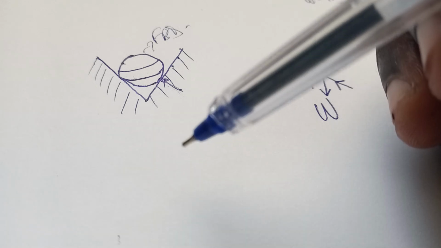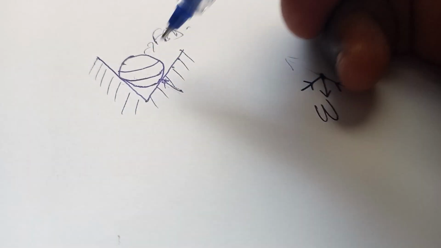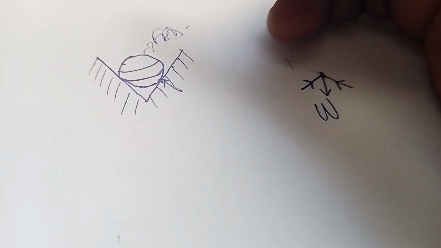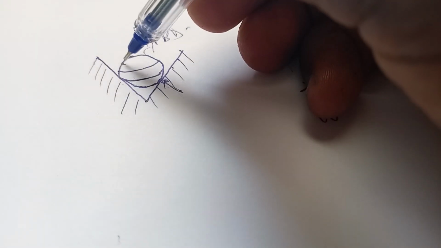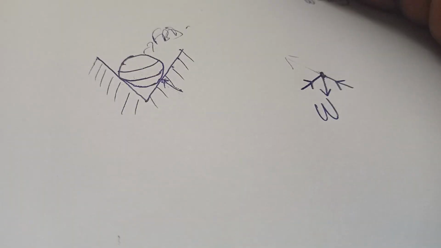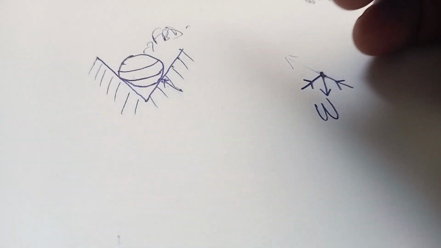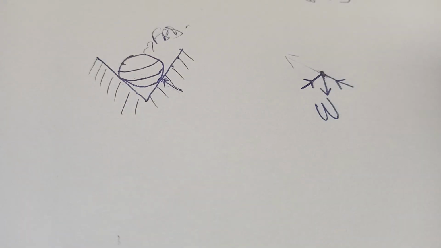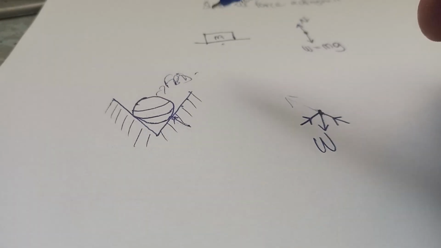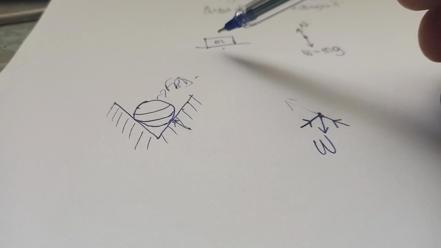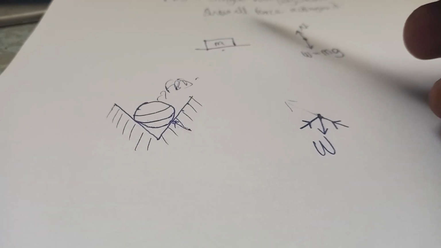Now you might ask yourself, why am I not including this? Because in every action there is an equal and opposite reaction. In the former example, we saw that there is a weight down here and its reaction force up there.